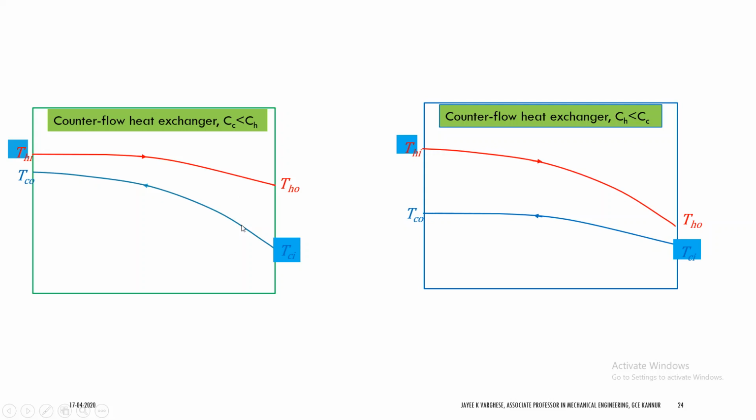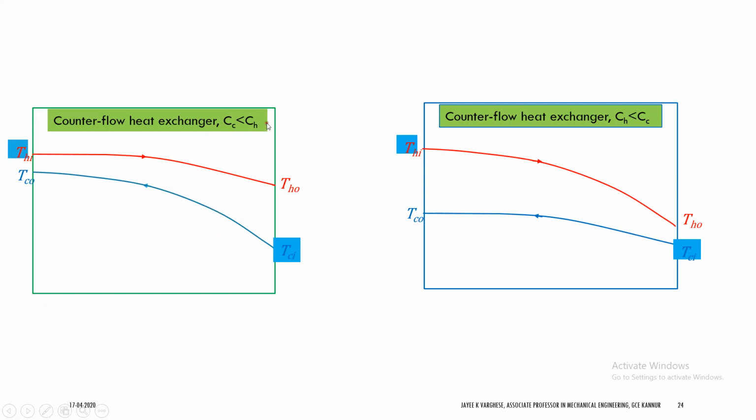The fluid which is having lower heat capacity will be undergoing higher variation of temperature. I repeat, the fluid which is having lower heat capacity will undergo high temperature variation. That is, the difference between inlet and outlet temperatures will be more in the case of a fluid having smaller value of heat capacity.